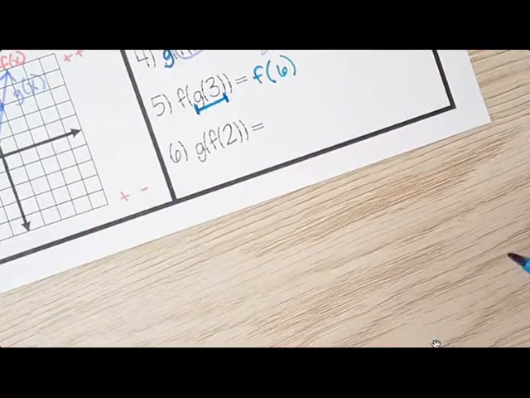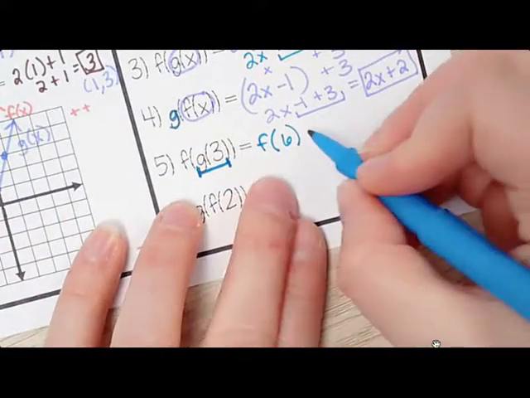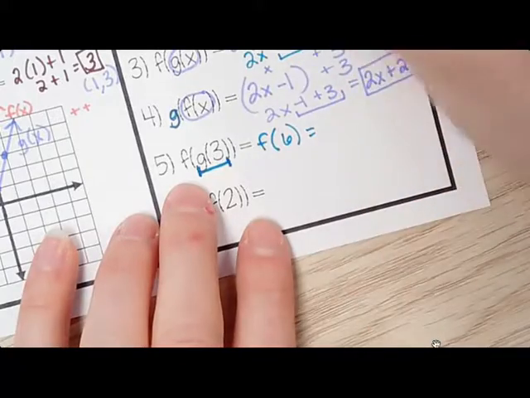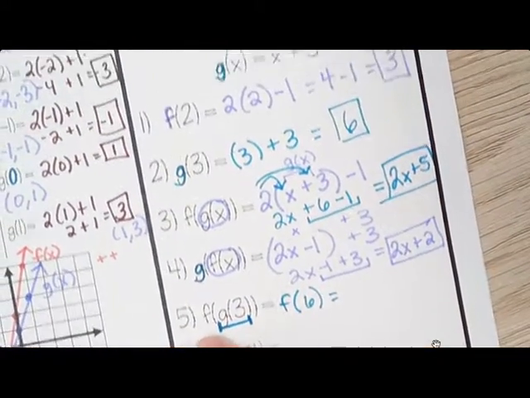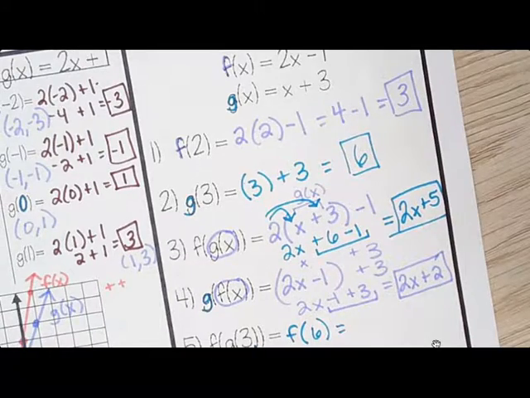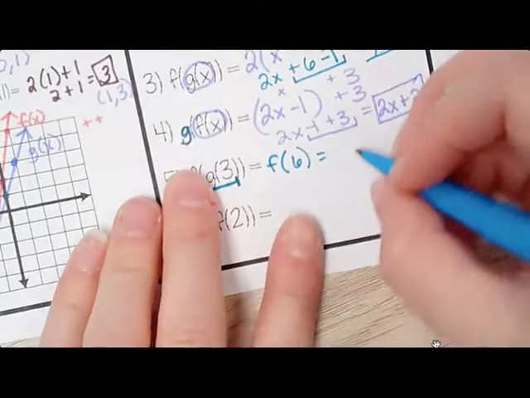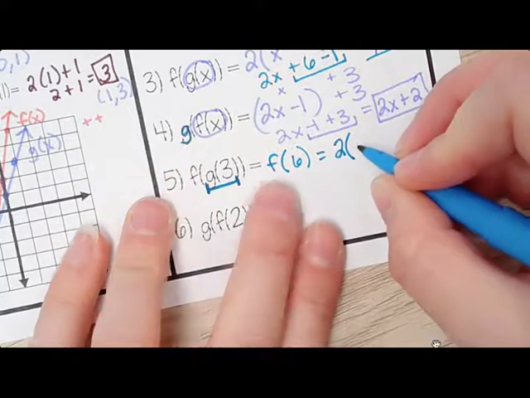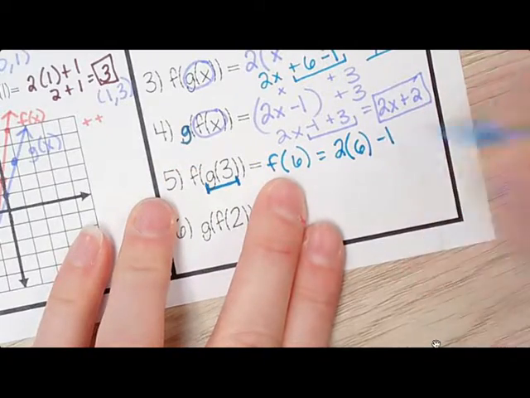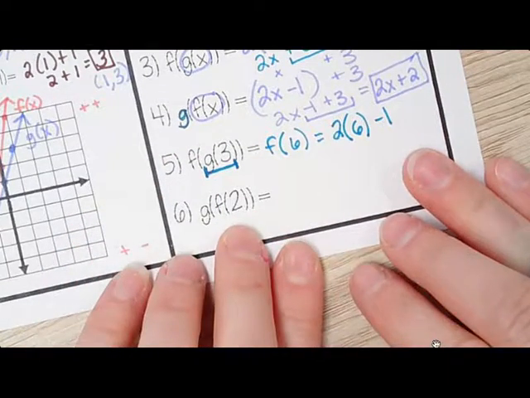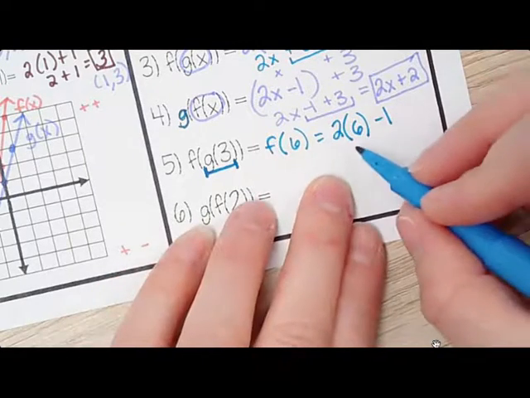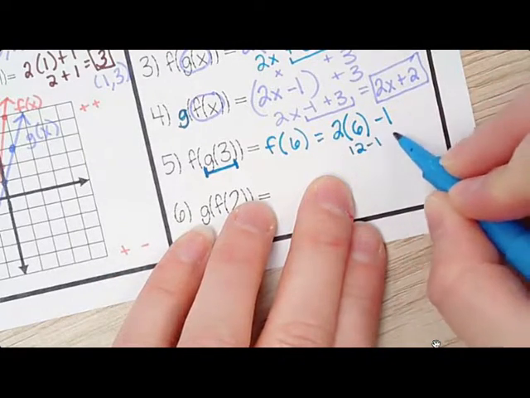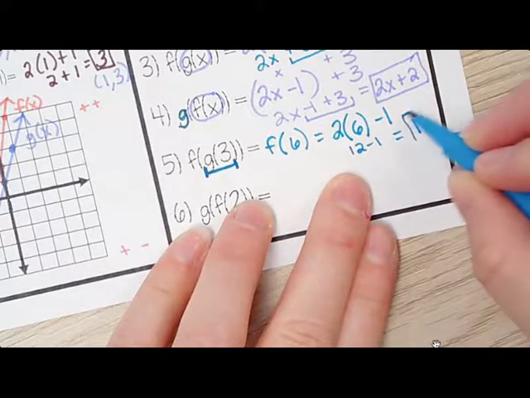I skipped a step because we had already done that. So f of 6 equals 2 times 6 minus 1, because my function is 2x minus 1. That's 12 minus 1, which is 11.